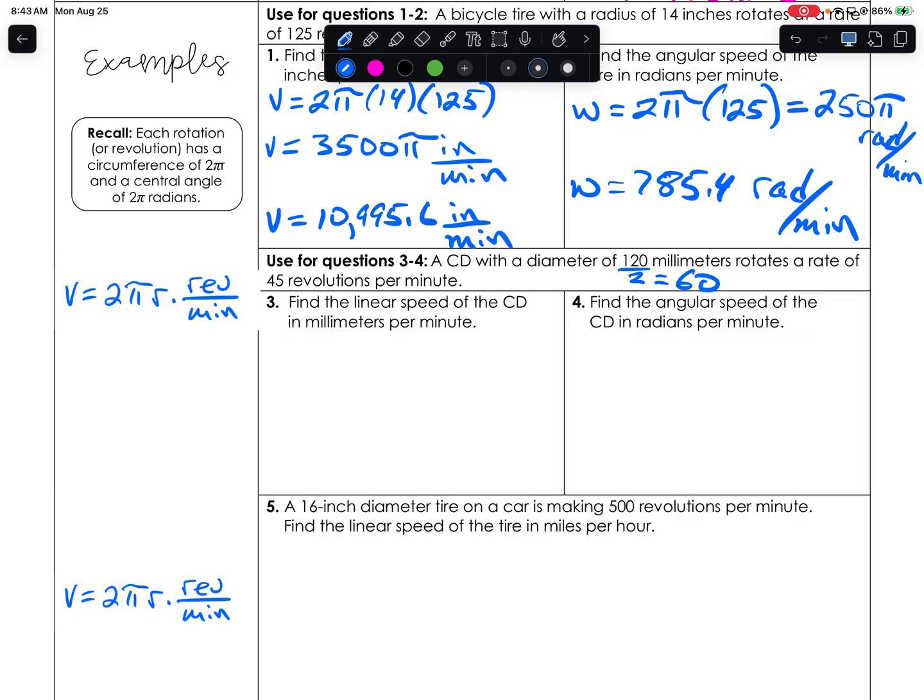So pay attention, because that's a little trick they'll throw into those problems. If you don't recognize that, I'll pretty aggressively take points off, because you're just not paying attention.